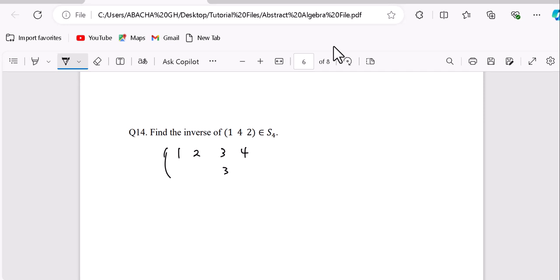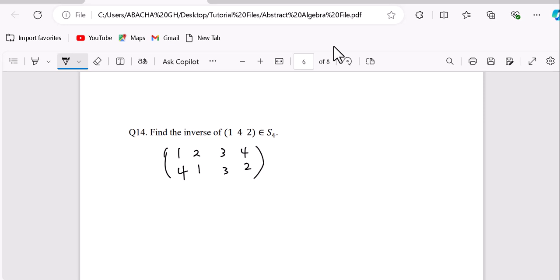Then 1 goes to 4, 4 goes to 2, 2 goes to 1. So we have it like this.